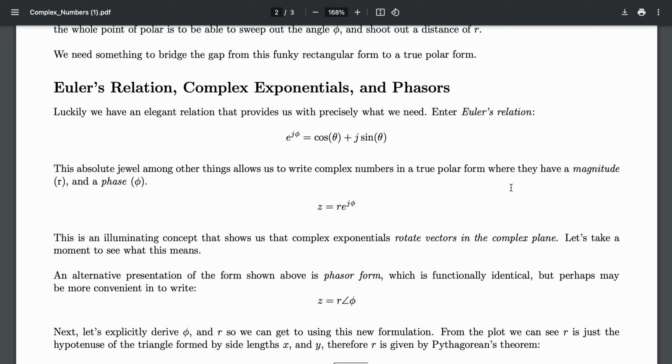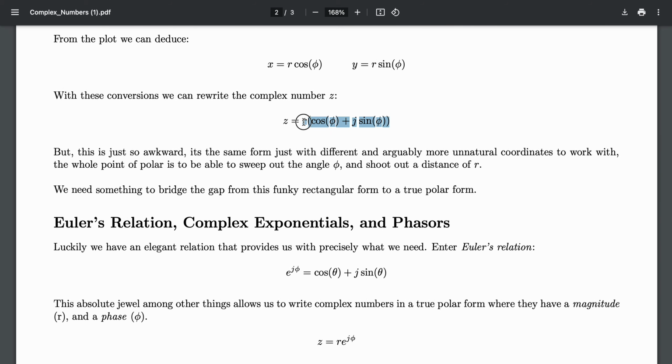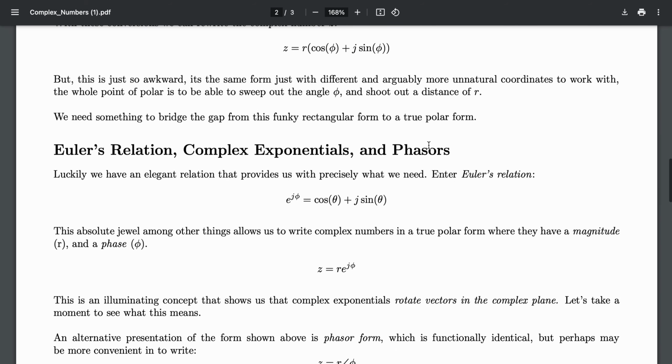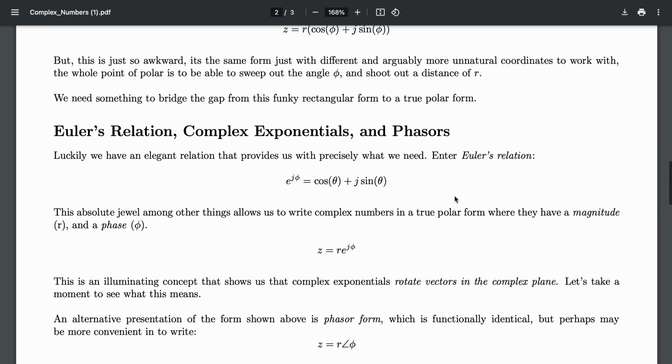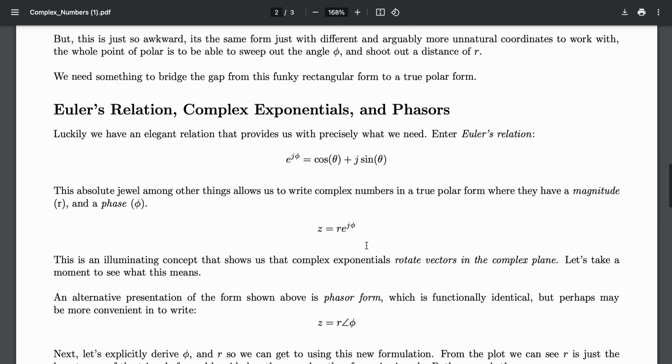This is telling us that we can write our complex numbers in a true polar form where they actually have a magnitude and a phase, rather than this weird rectangular form where it's in terms of polar coordinates, but it's not really that shooting and sweeping behavior that we want. So with this new relationship, we can write our complex number z in this form that we talked about earlier.